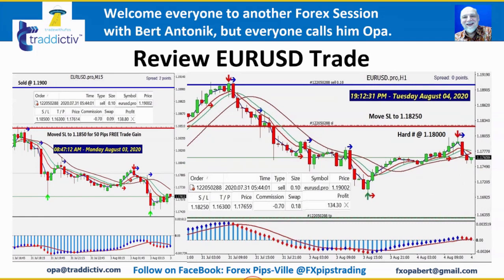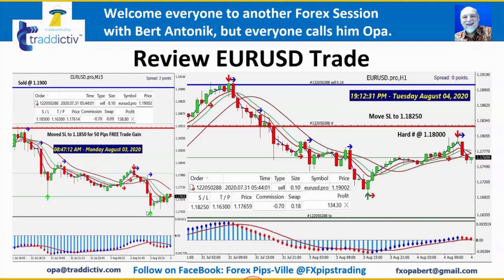So in the morning, local time, just before 9 o'clock Monday, I moved the stop at that point to lock in 50 pips. And you can see down here, we had 138 pips of profit.